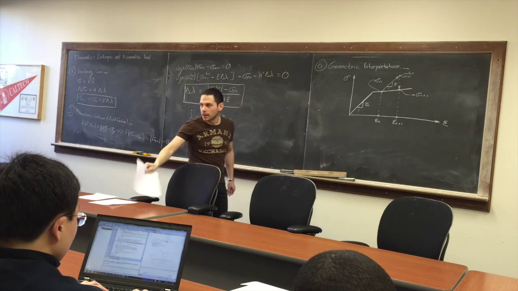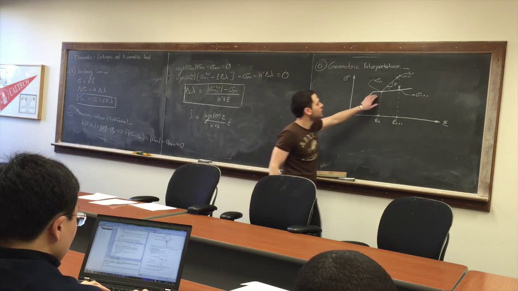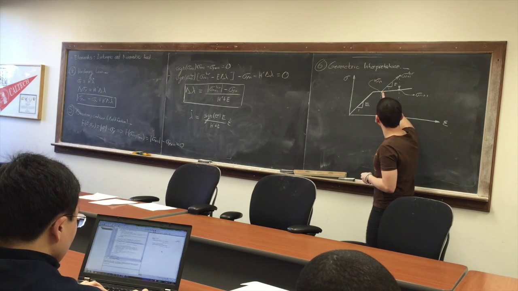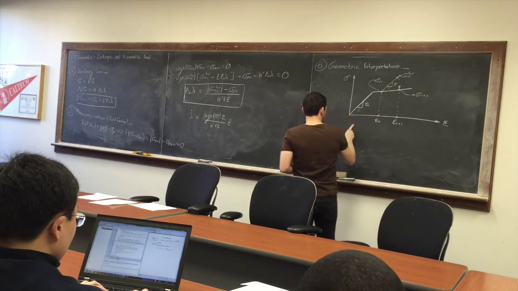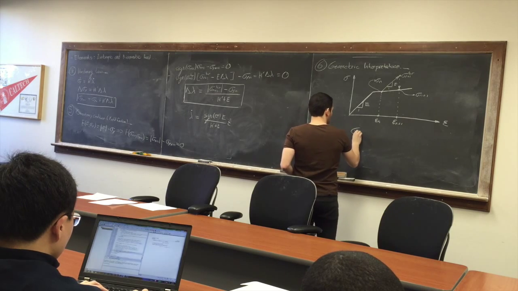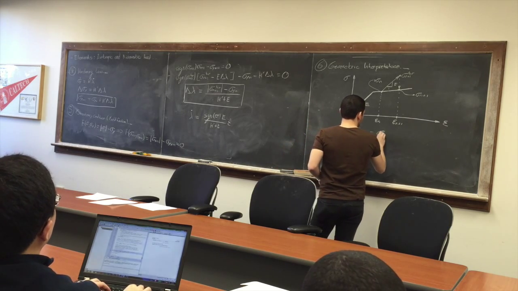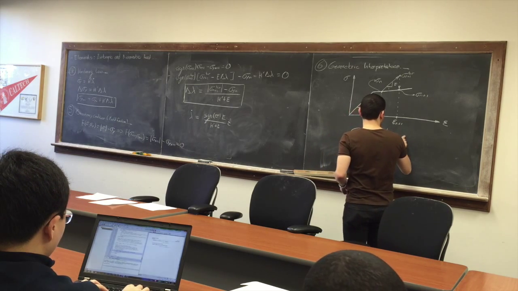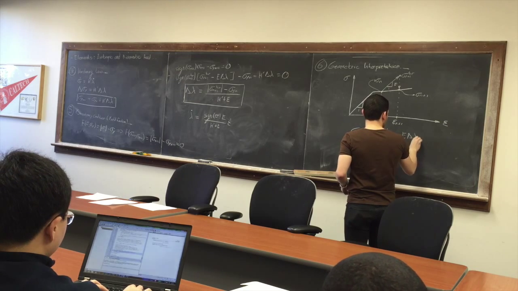What this thing does is, once we go into plasticity, the predictor part takes, as you remember, sigma n plus 1 is equal to sigma n plus 1 trial minus E delta lambda.